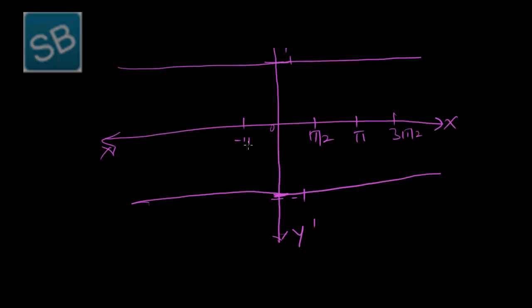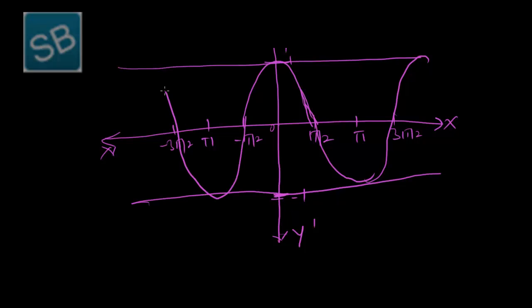Just see. Here at 0, cos 0 is 1, at pi by 2 it is 0. And cos pi is minus 1. And cos of minus pi is also minus 1 because cos of minus theta is cos theta.